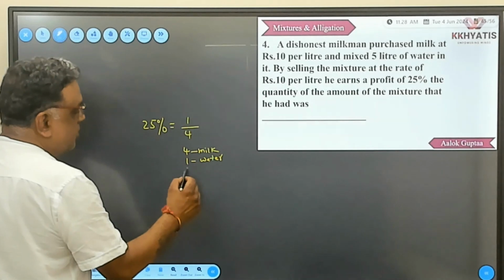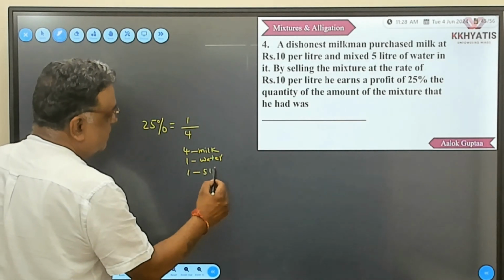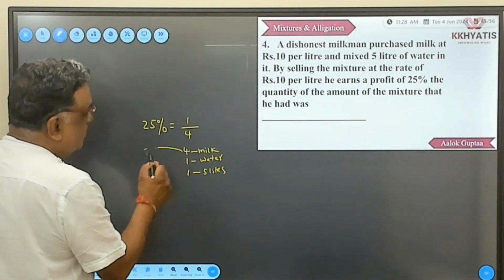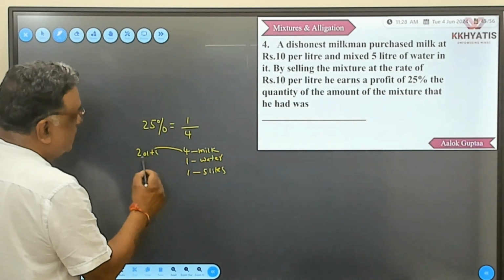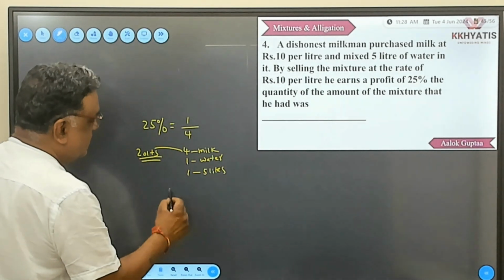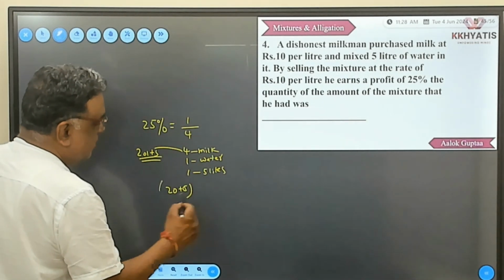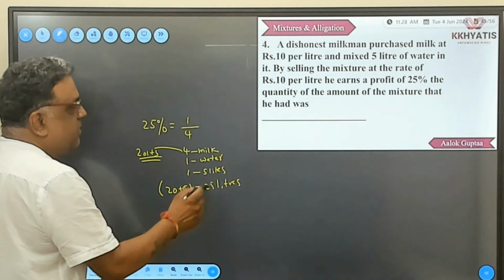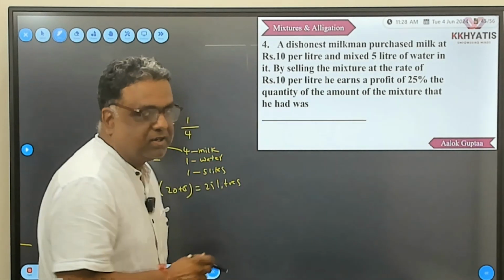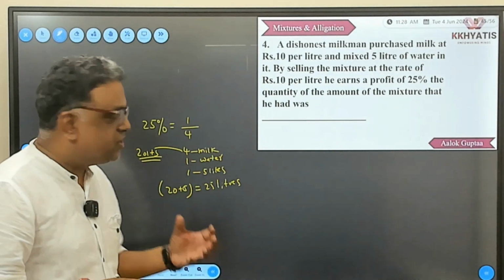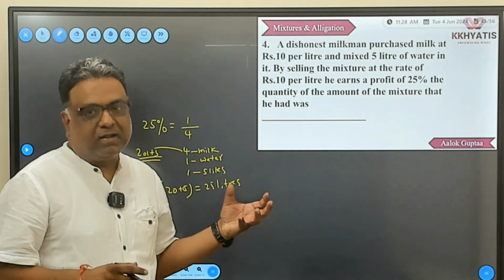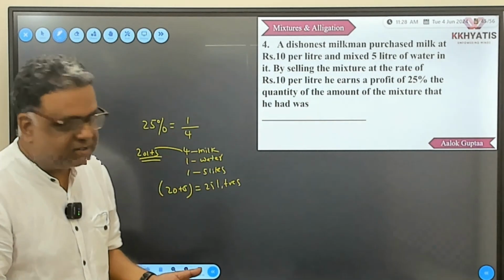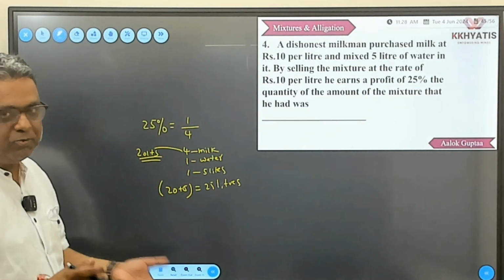And this 1 water value is given to me as 5 liters. Then this 4 milk would have been 20 liters, which means while selling, he must have got 25 liters. So when he sells 25 liters at 10 rupees per liter, because of that additional water, the mixture should have been 25 liters because he got his entire profit because of water.